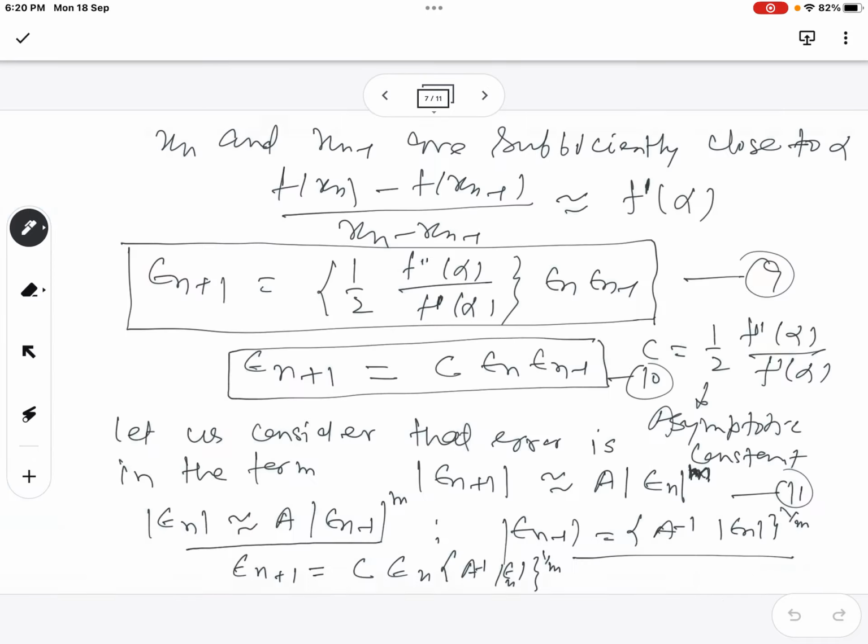Now, as we can see from equation 11, we can substitute this value of the (n+1)th error in this equation.